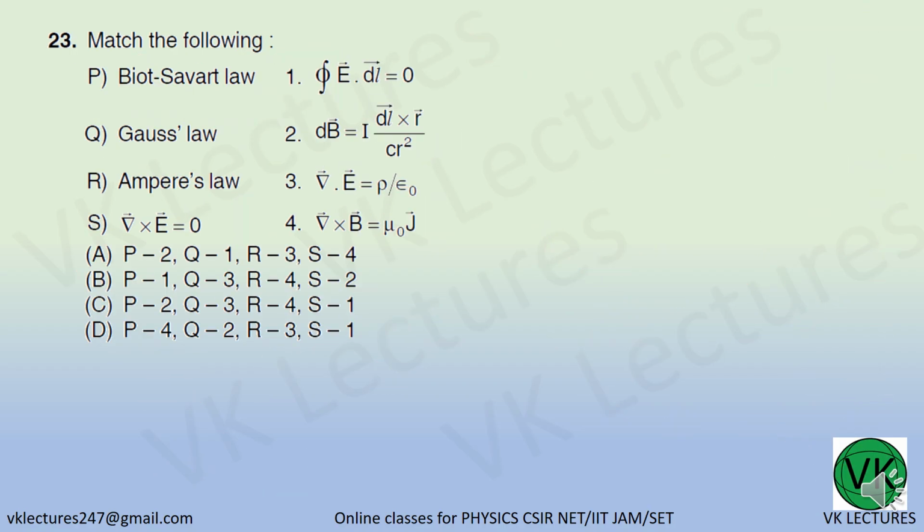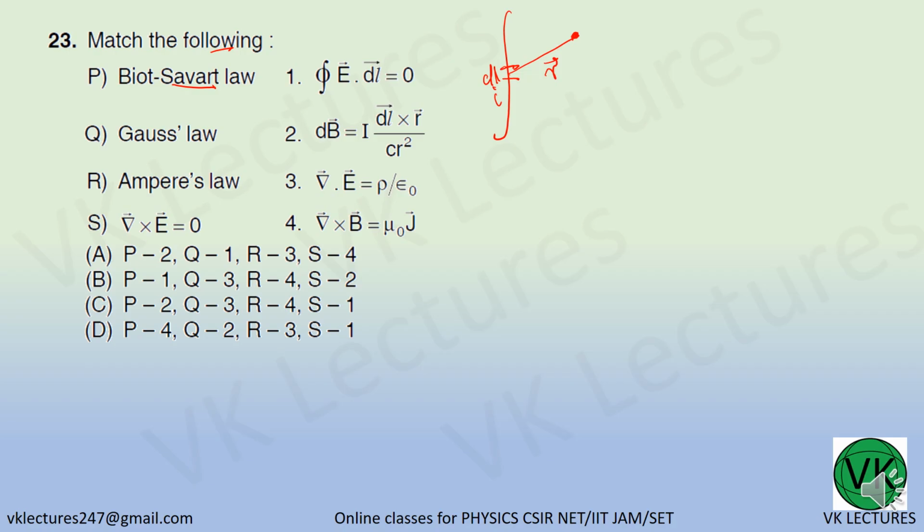Match the following. Biot-Savart law. Now what does the Biot-Savart law say? If there is a current carrying wire, this is a small length element dl carrying current I at a distance r with position vector r vector.